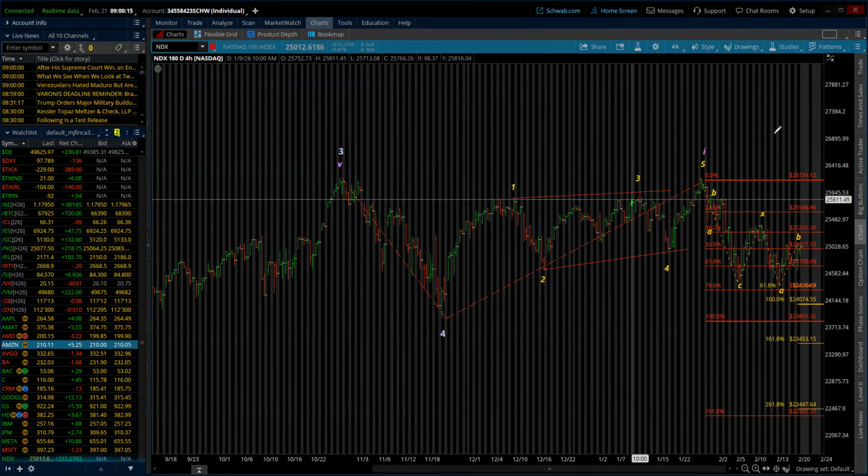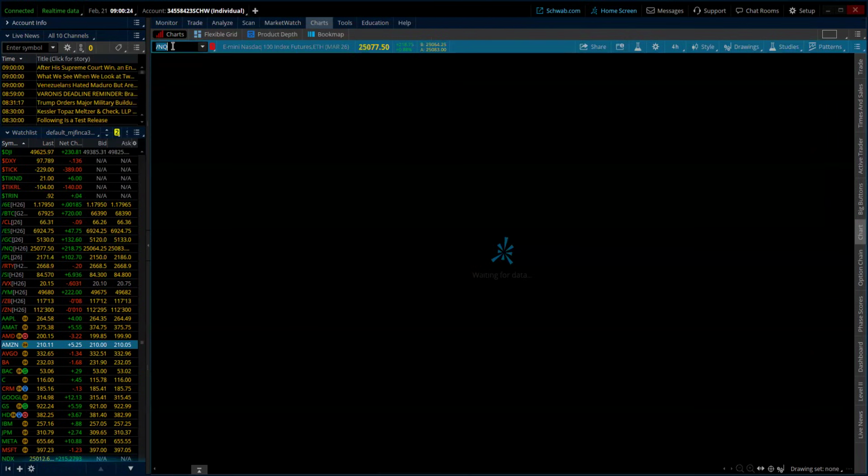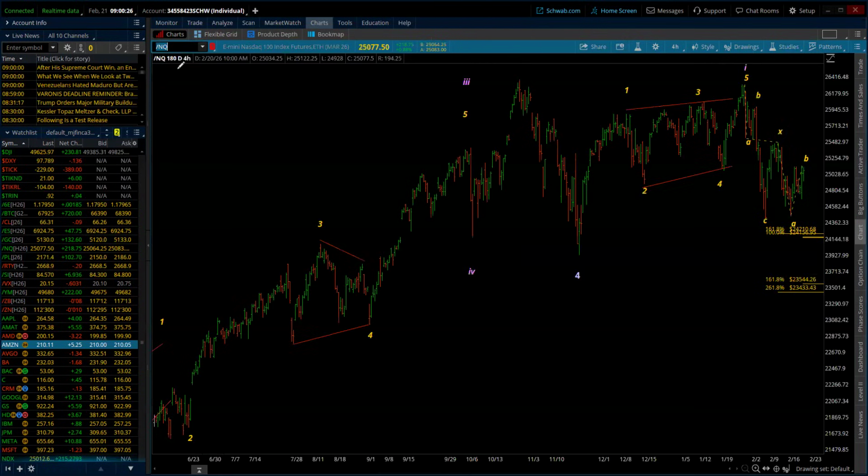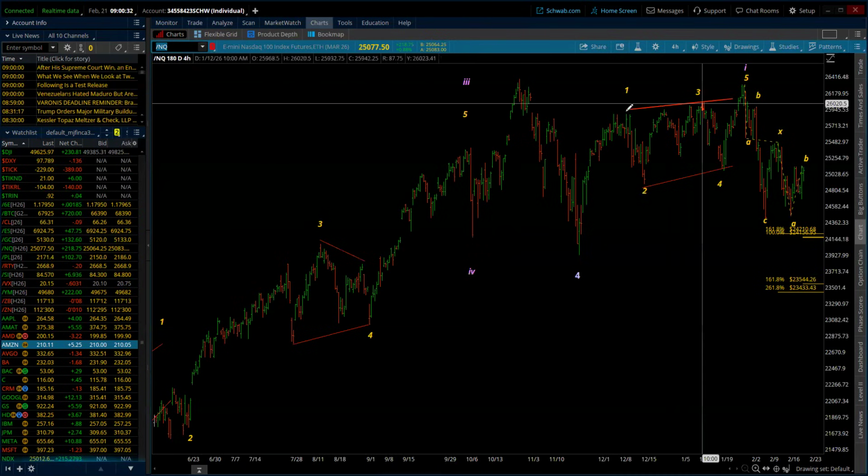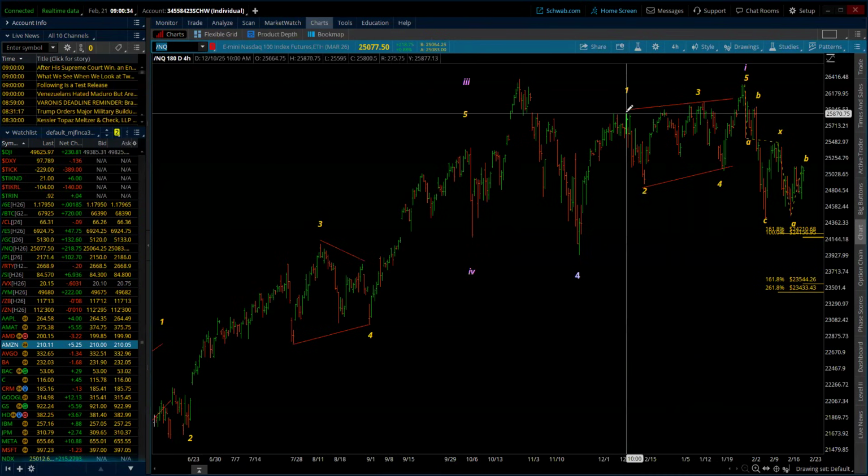So we're at a very interesting point here. Let me just go over to the NASDAQ because I want to show you the differences that we have here. For the longest time, I had this third wave below that one. And then suddenly, I'm serious, suddenly I'm like, why did that change?